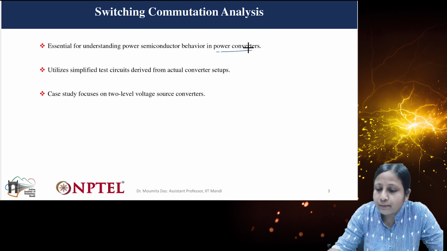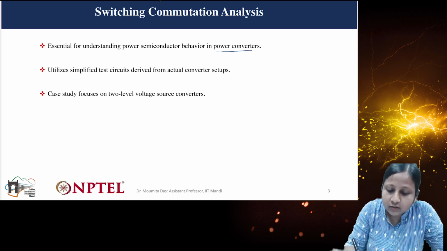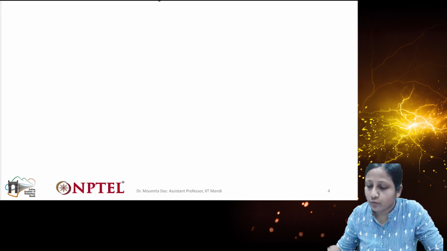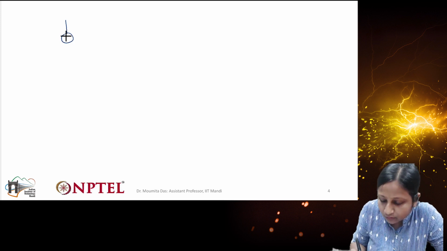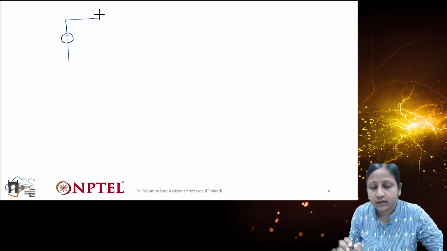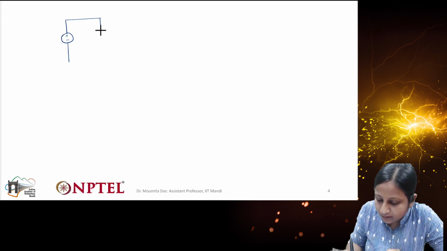Most power converters generally have two switches connected in series. So let's consider a simple voltage source inverter with an input DC voltage connected to it. I am considering a three-phase voltage source inverter. It has 6 different switches.